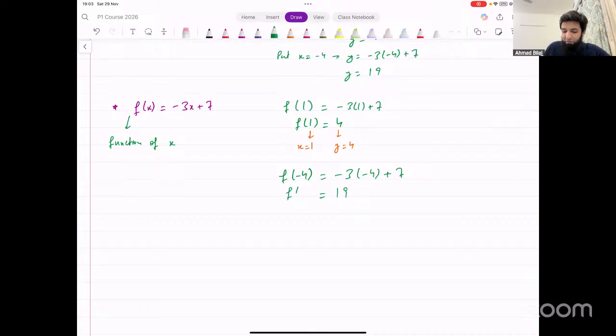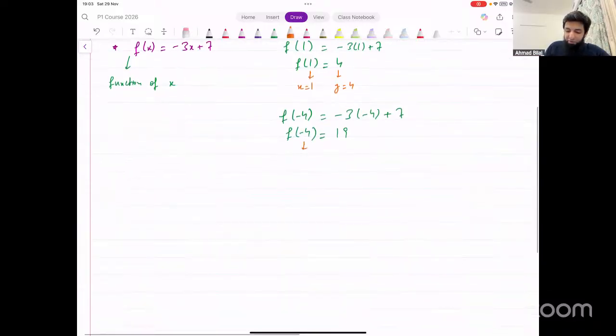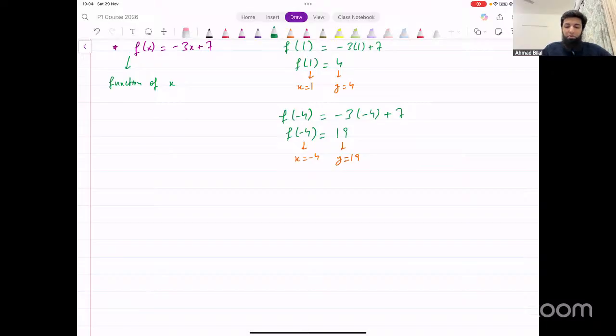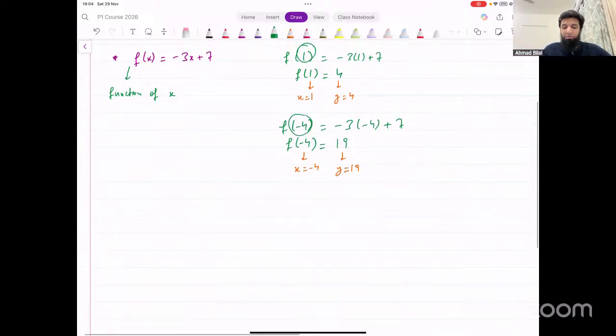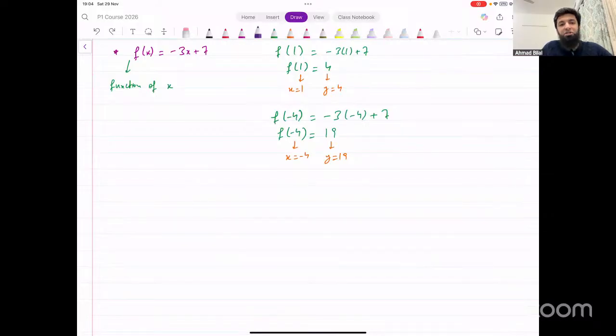So f of minus 4 equals 19. What that means is, if I input x equal to minus 4 in this function, the corresponding value of y that I get is 19. So this is another way to write that same equation. Now this function notation can be used for numbers that you input, like 1 or minus 4, and you can use this for other expressions in terms of x as well.